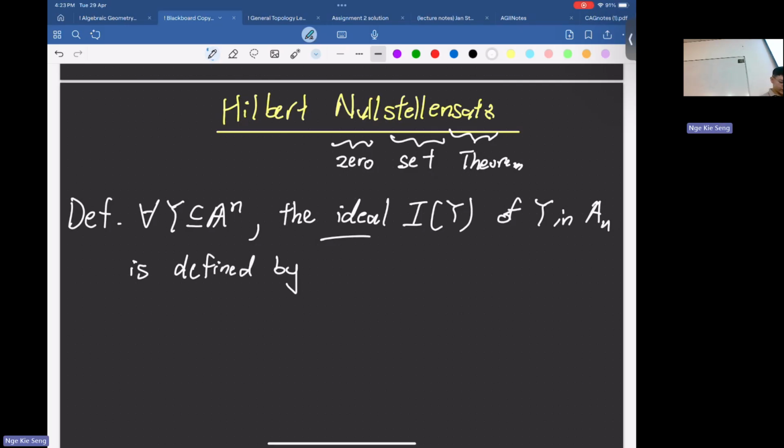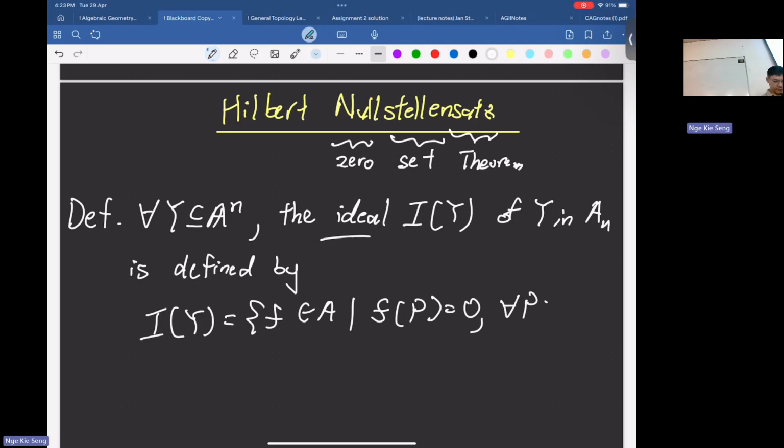It's very simple. I(Y) is just all the functions F such that F(P) is 0 for all P taken from Y, as long as your F has zeros on Y.